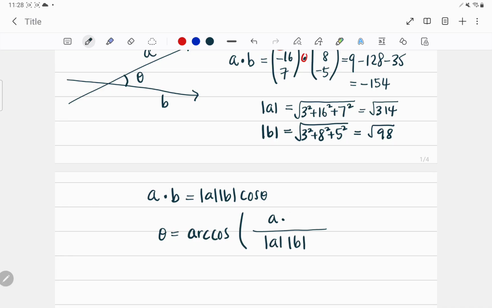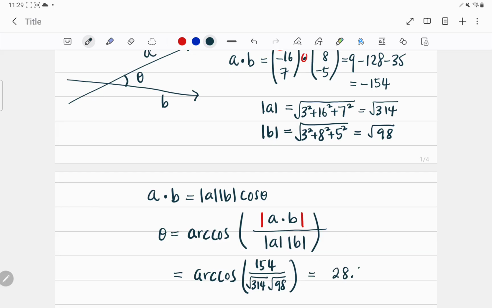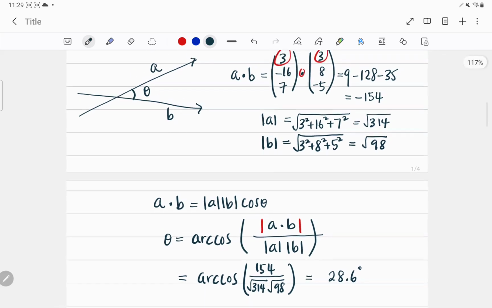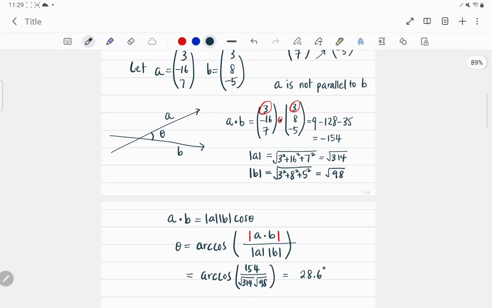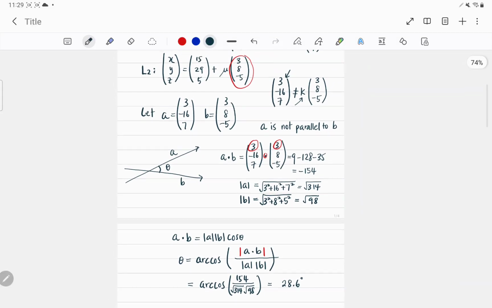To ensure that we get the acute angle, we just put modulus around A dot B. So this is arc cos of 154 over square root 314 times square root 98, and you will get 28.6 degrees to one decimal place. So this is how we apply A dot B to find the angle between two vectors.